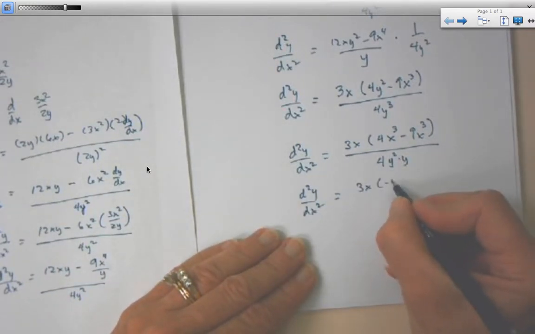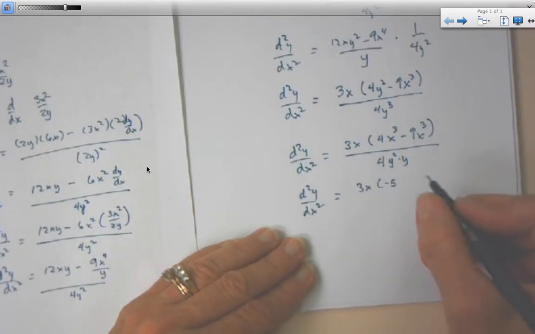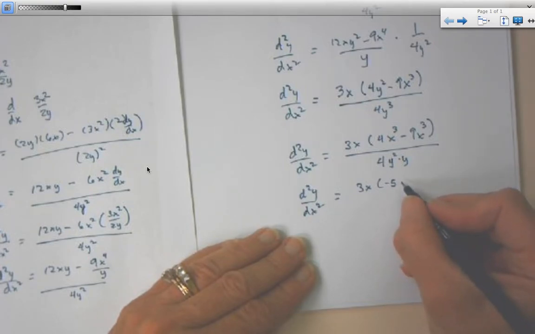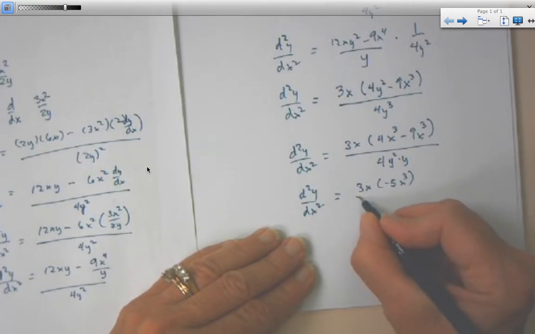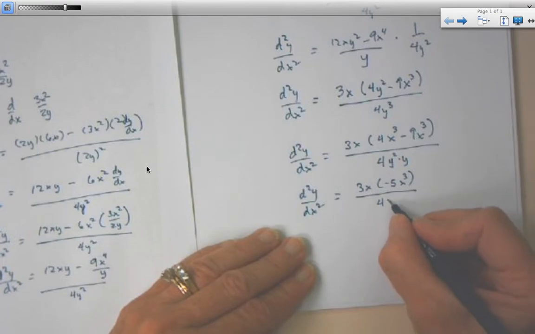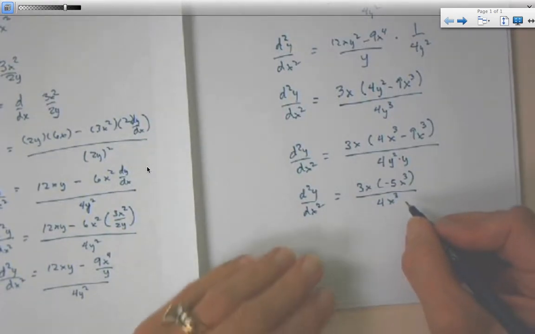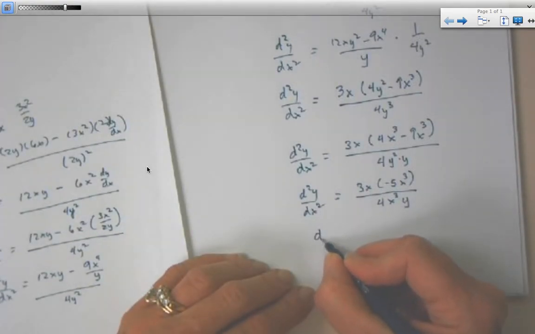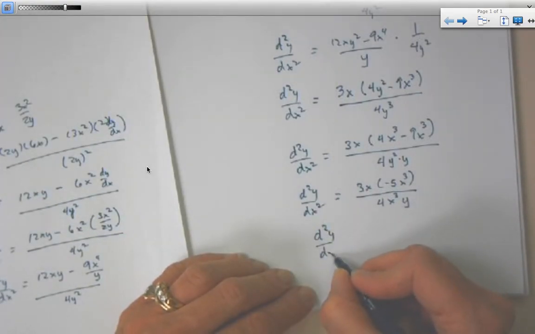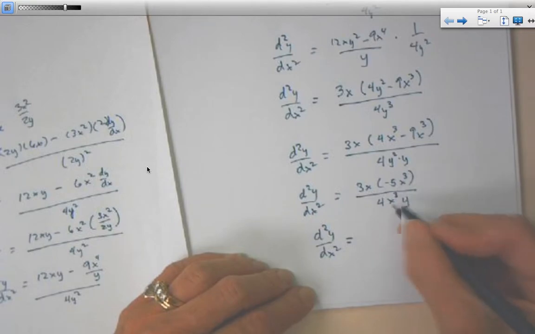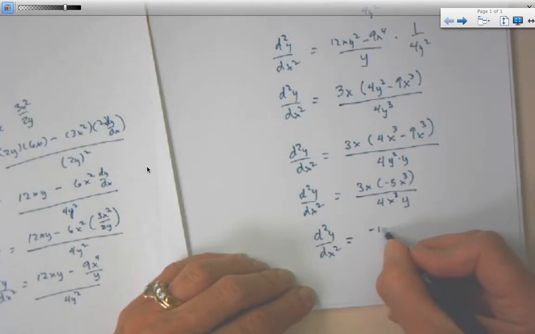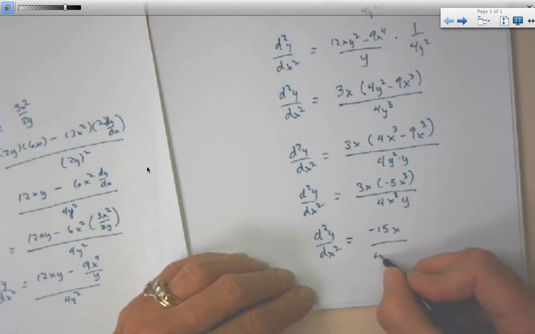And simplify on the inside: negative x cubed over 4, and there's another x cubed coming in, and a y is going to be left there. So the x cubes are going to drop out, and I have negative 15x over 4y.